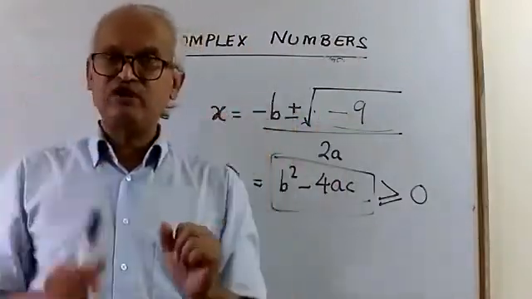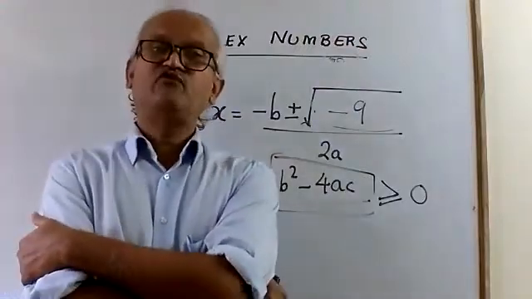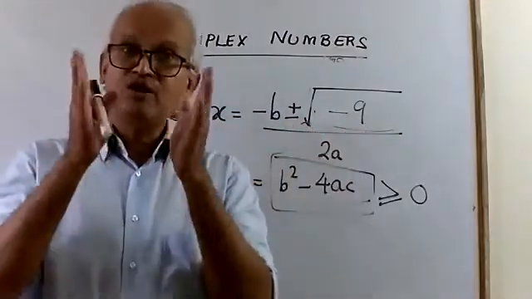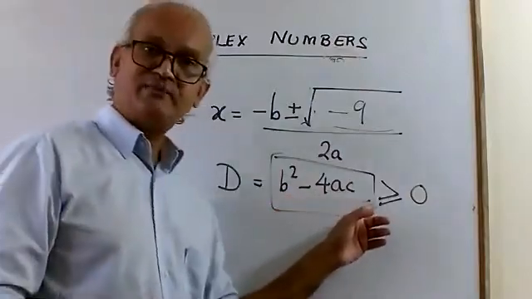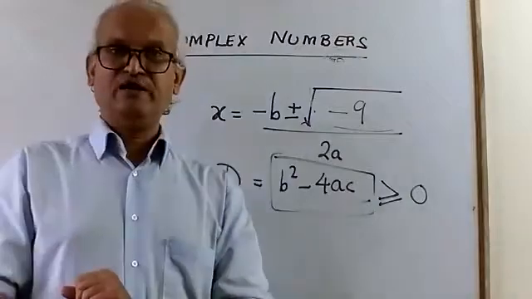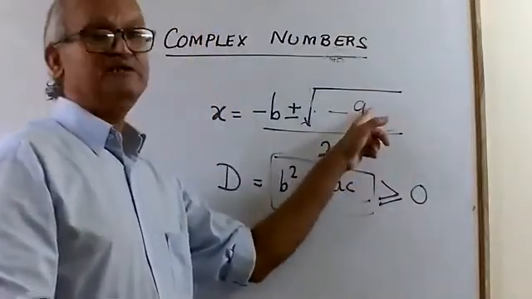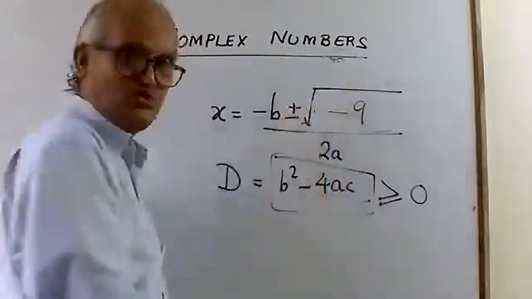If you read carefully what is written in the 10th standard textbook, you'll find that the solution to this will have real roots if and only if the value of b square minus 4ac is greater than or equal to 0. If it is less than 0, then you will not be able to solve this because there is no real solution to this.